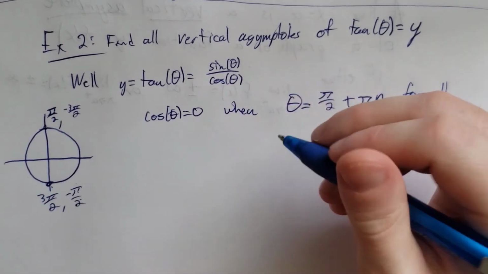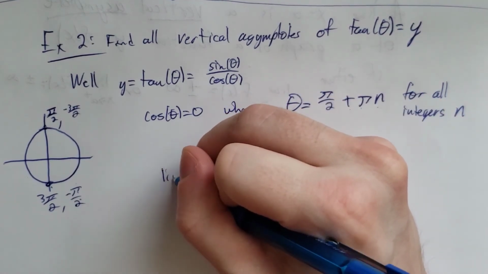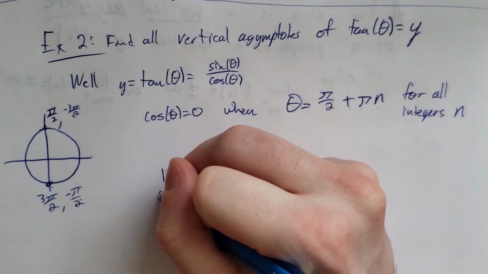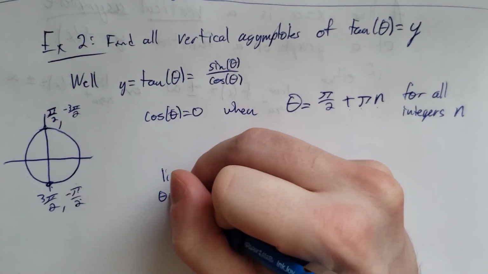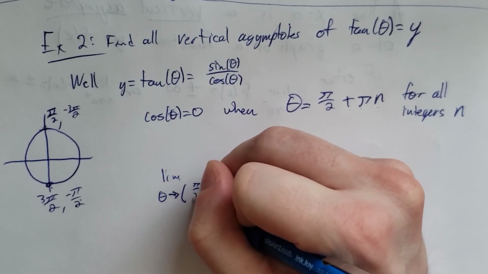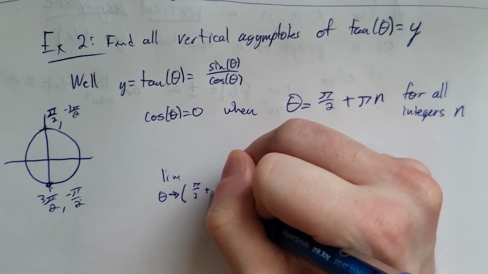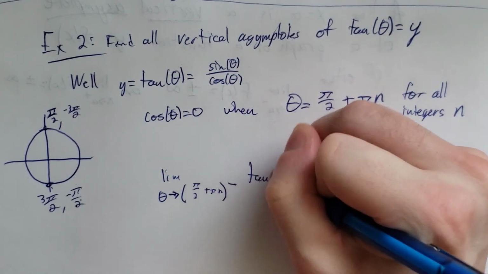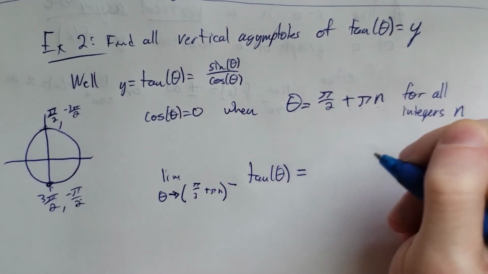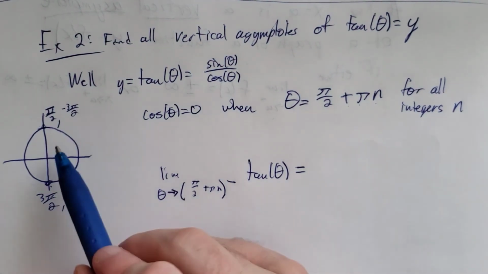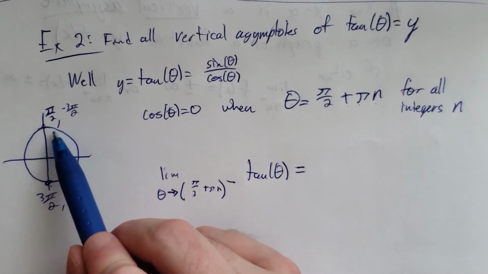what our limits do. So what is the limit as theta approaches, and this is actually going to break up into two slightly different problems. We're going to have pi over 2 plus pi n from the left of tangent of theta. Well, what does that equal to? Well, let's approach pi over 2 from the left.